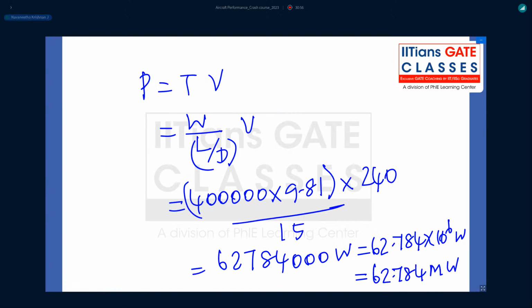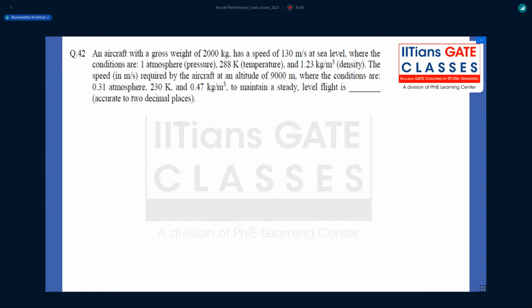Next. Question number 42. An aircraft with a gross weight of 2000 kg has a speed of 130 meter per second at sea level, where the conditions are 1 atmospheric pressure, temperature is 288 Kelvin, and density equal to 1.23 kilogram per meter cube.